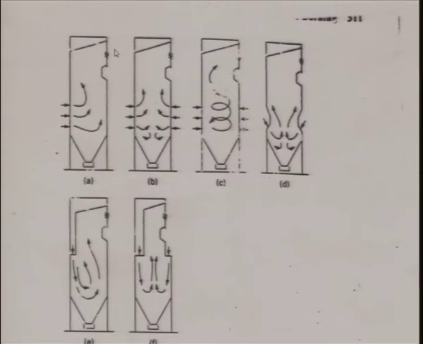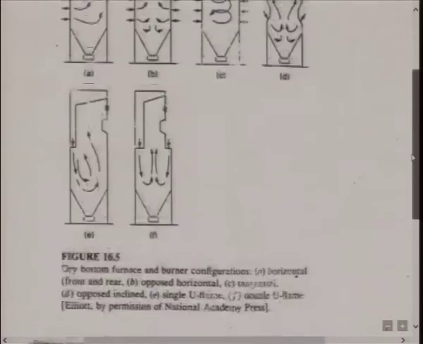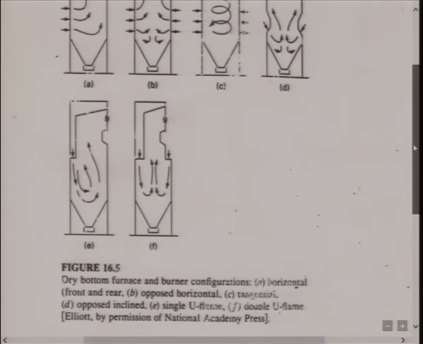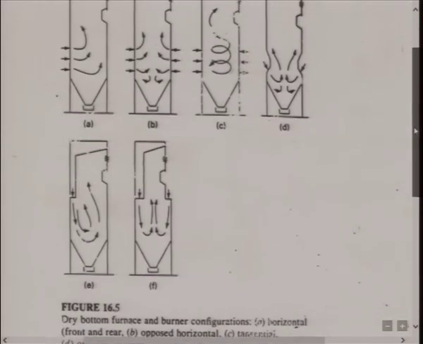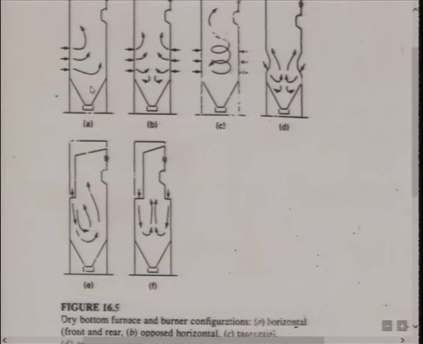So these are various configurations which are used in practical burners. Part A is called horizontal burner configuration. Again, nothing much needs to be explained here. This is called opposed horizontal, and this is actually tangential firing.